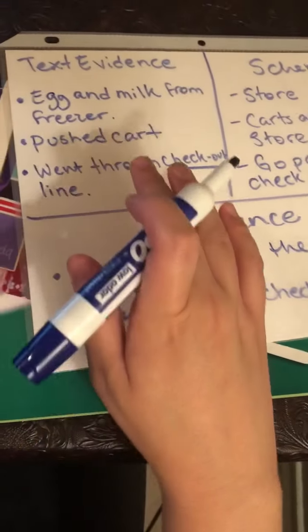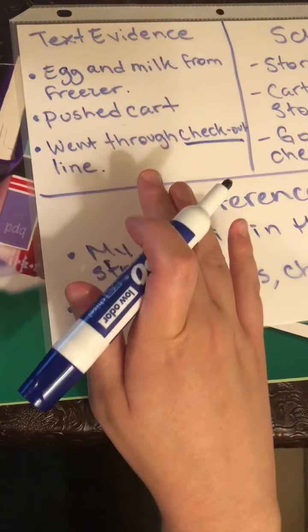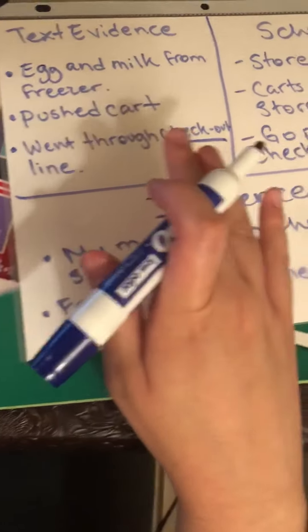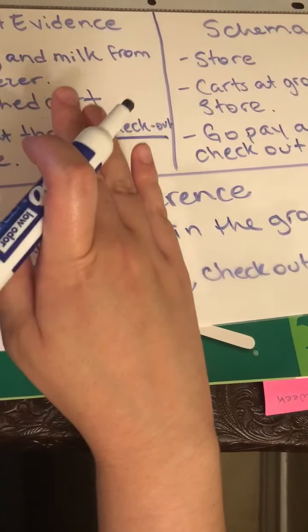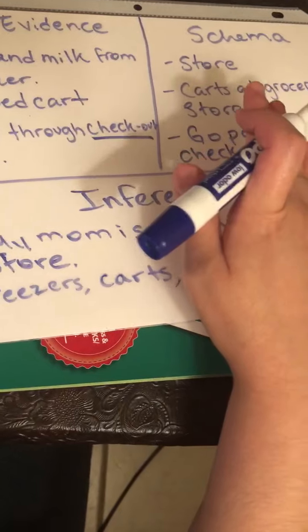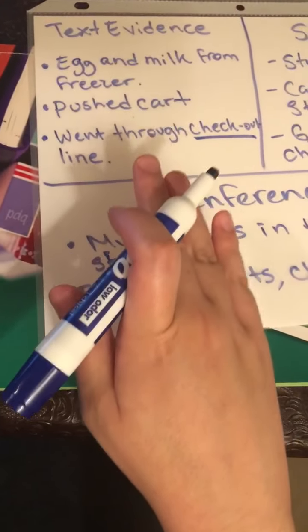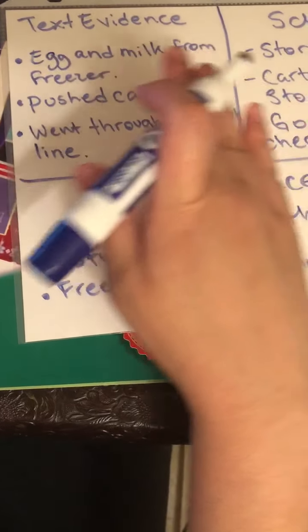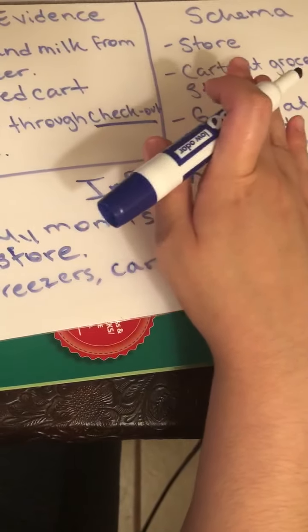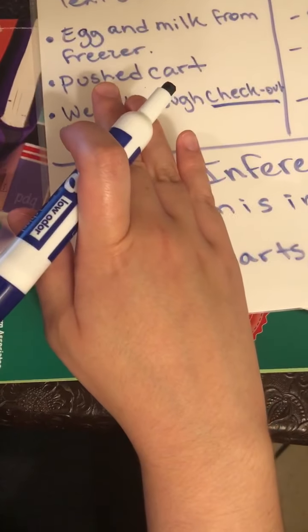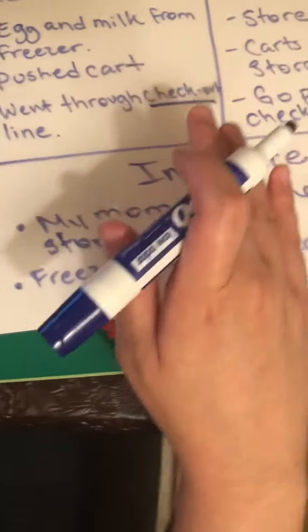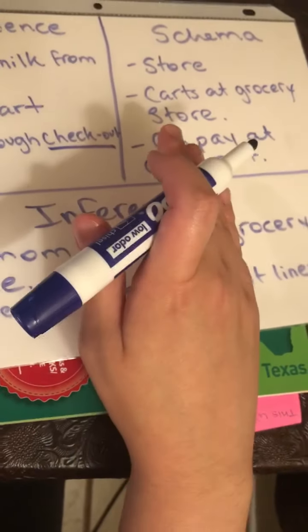Okay? So look at how I set up my text evidence. Once I had my text evidence, I used my schema and I went bullet by bullet. Well, what do I know about eggs and milk from freezer? They're usually found at the store. Push the cart. Where would you push a cart?